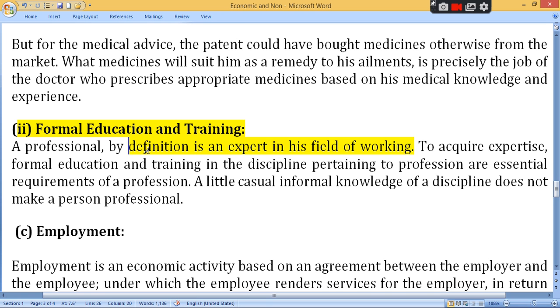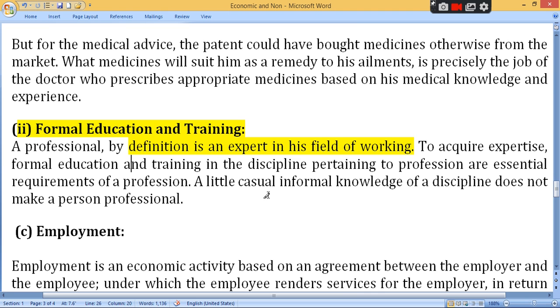In any field, if you are an expert, clear, that should be considered as your expert service, profession, through formal education and training. You can continuously develop your skill to acquire expertise. To acquire means to obtain, clear, expertise. Formal education and training in the discipline pertaining to the profession are very essential requirements, meaning very important in profession.